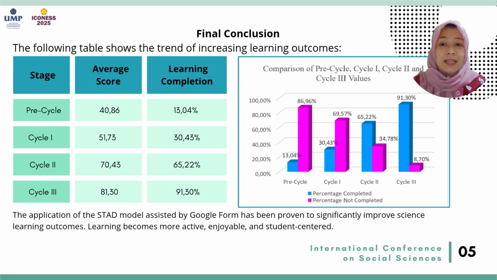This indicates that the use of the STAD model supported by Google Form is highly effective in improving student learning outcome and making the learning process more interactive, enjoyable, and student-centered.